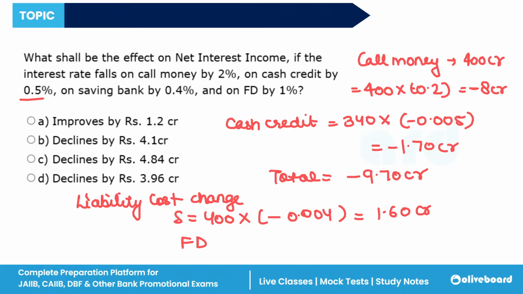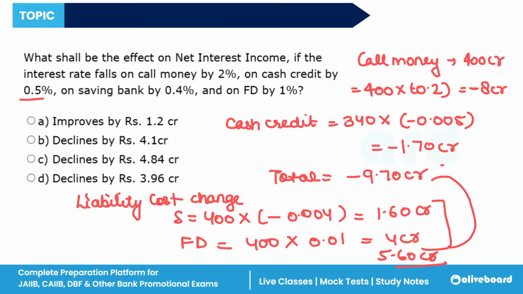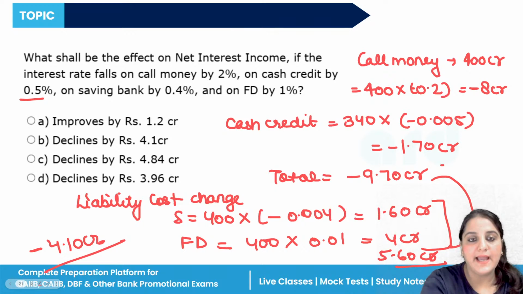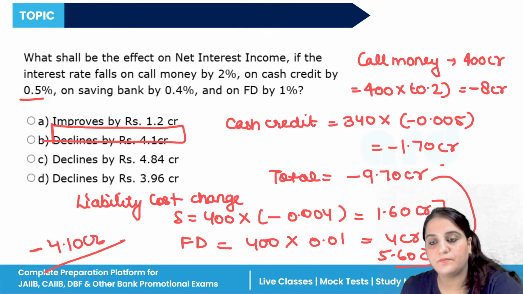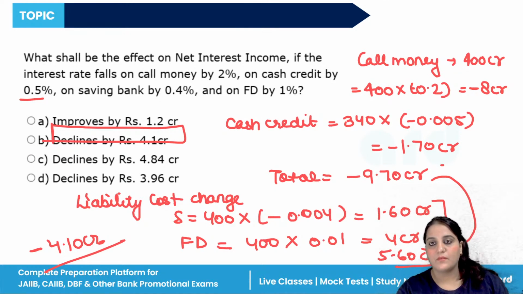And fixed deposits are 400 times 0.01, which is 4 crore. So it equals 5.60 crore. So when we add them, we get here negative 4.10 crore. So I can say that it declines by 4.1 crore. Clear?